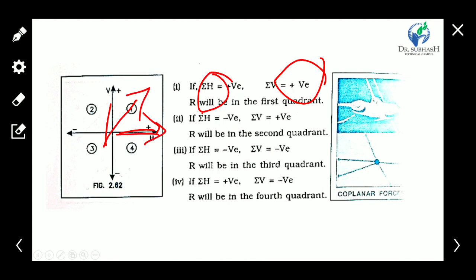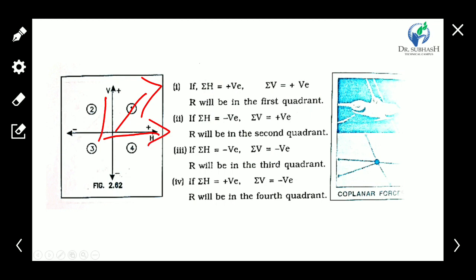The horizontal component in this direction is positive, the vertical component in the upward direction is positive and downward is negative. Similarly, horizontal in this direction is positive and in the opposite direction is negative.